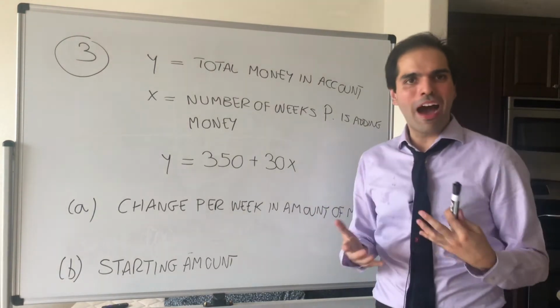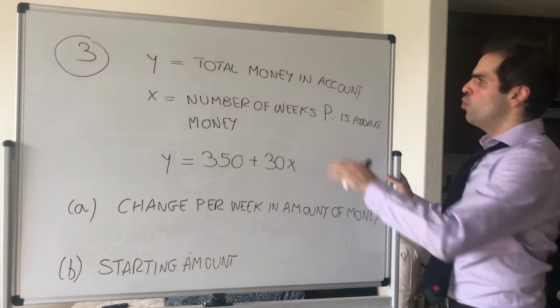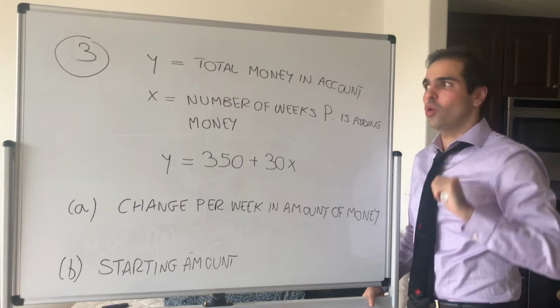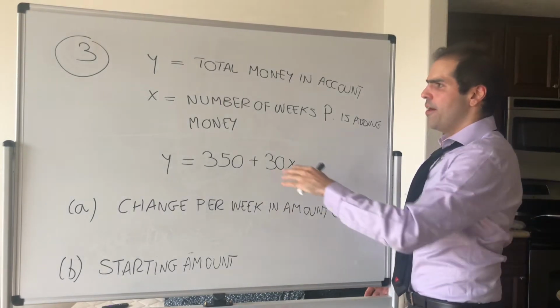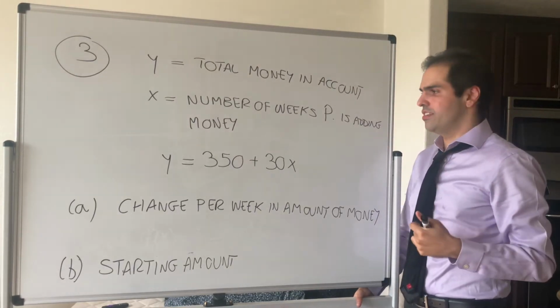Suppose Pablo is putting money in his account and let y be the total amount of money he has in his account, so the total balance, and x the number of weeks Pablo is adding money to his account.